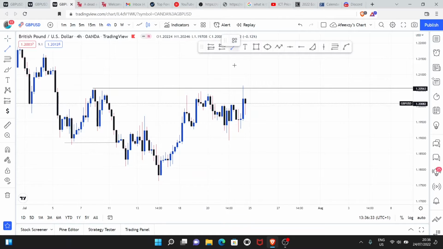So on the 4 hour, I can see this fair value gap, or imbalance, was filled.